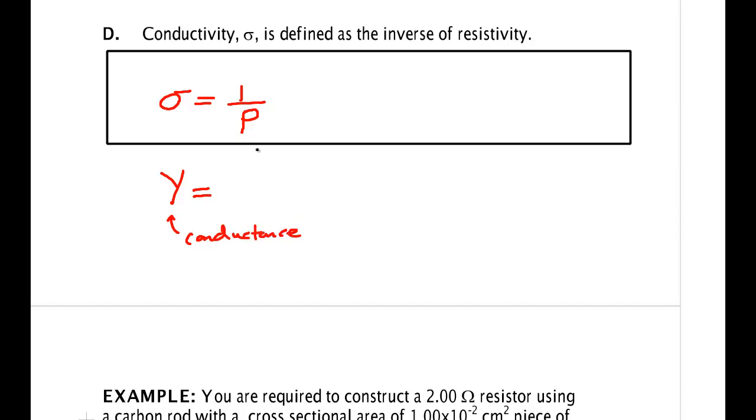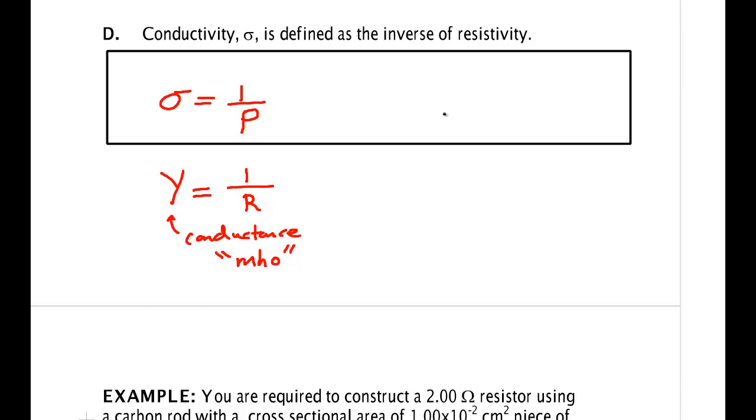And conductance is generally considered to be 1 over the resistance. Kind of interesting, conductance has an interesting unit. Its units are the mho, which is just ohms spelled backwards. It's 1 over ohms. That's conductance.